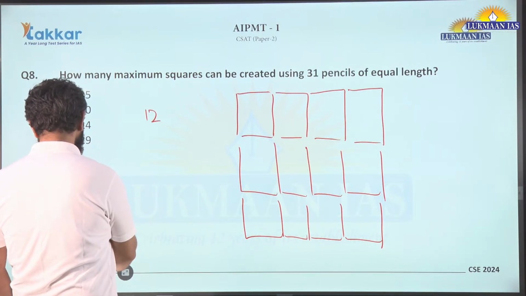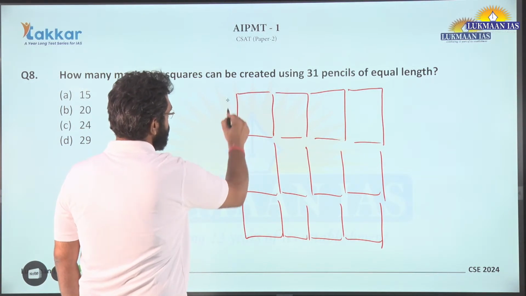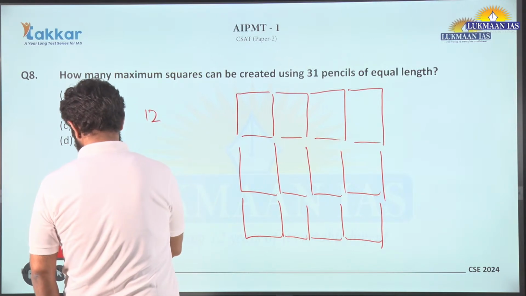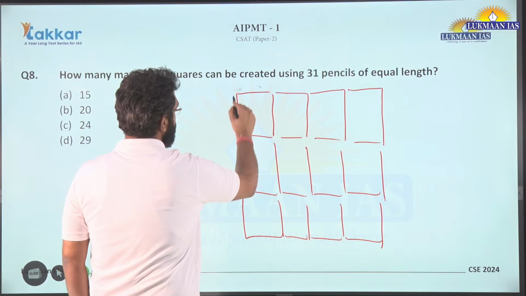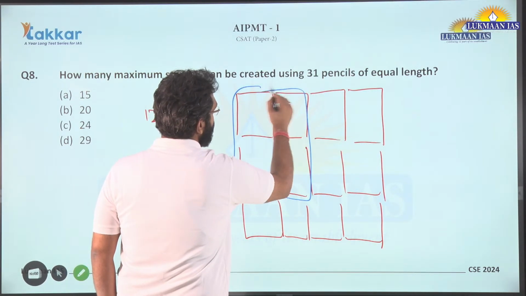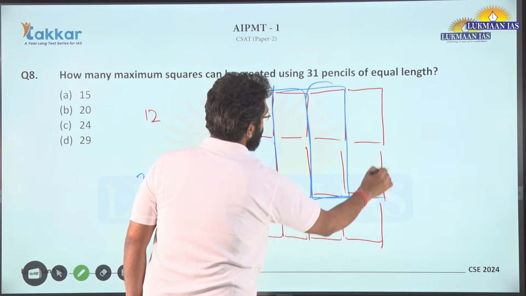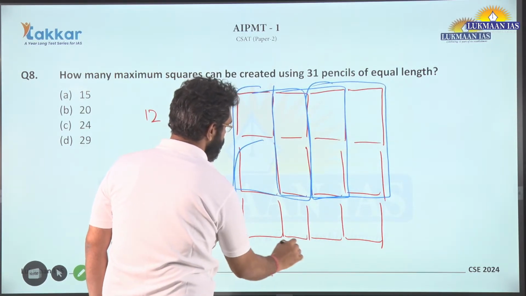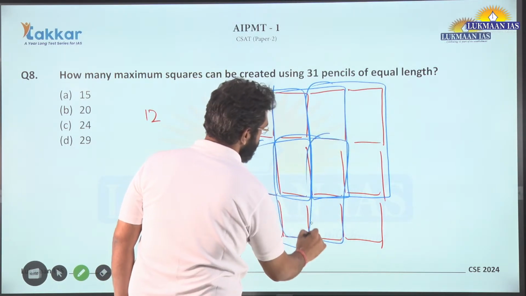Now if we visualize, there are more squares. One, two, three, four, five, and this would be the 6th one.